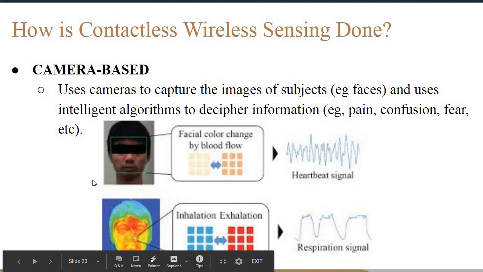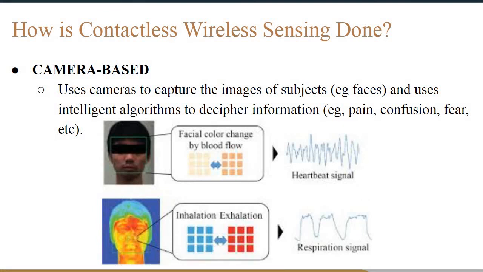Finally, camera-based contactless wireless sensors are essentially cameras used to capture the image of a subject, such as the face, and use intelligent algorithms to decipher information such as confusion, fear, and pain.